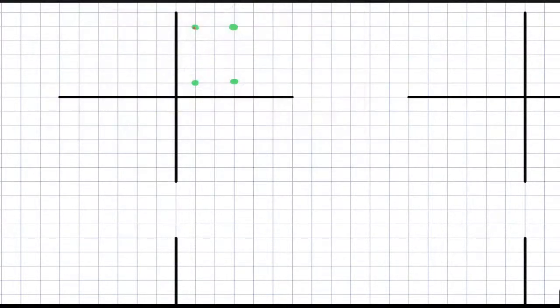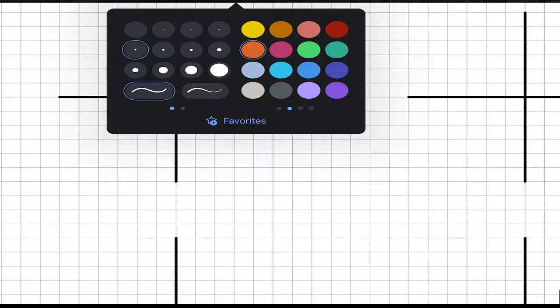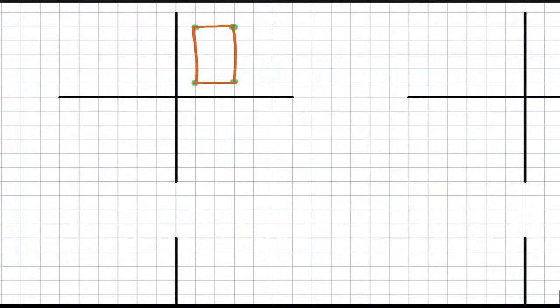All right, here we go. Then let's do a different color here. Sure, why not?